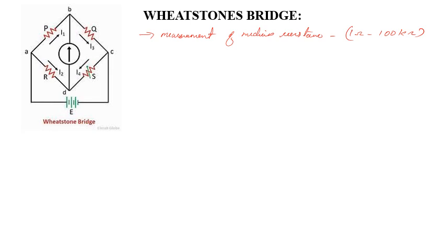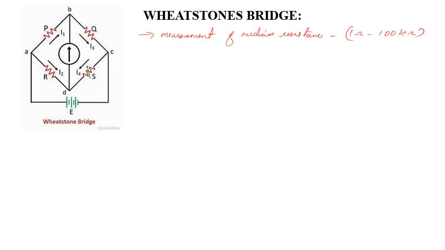In arm AB there is a resistor marked as P, arm BC has the resistor Q, CD has S, and arm AD has the resistor R.